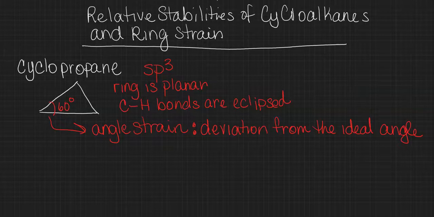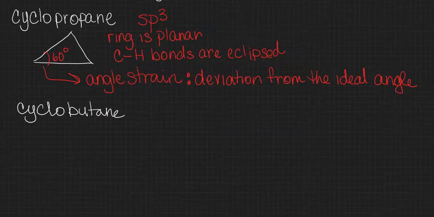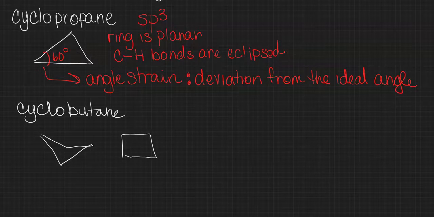The next cyclic system we want to talk about is cyclobutane. If we draw it flat, we're looking at the box, but we have to give it a slight shape, and we're going to talk about why.